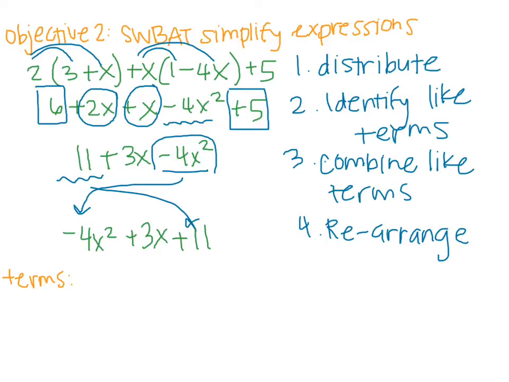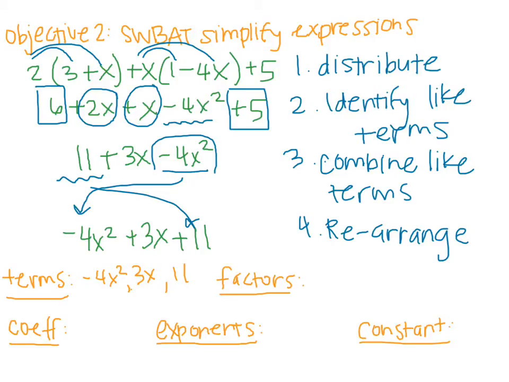And you should have picked negative 4x squared, positive 3x, and then positive 11. So the factors I have are, for my first term, negative 4 and x squared. From my second term, I have 3 and x. And then no factors for my third term. That's a prime number.